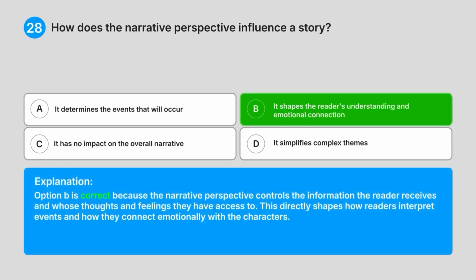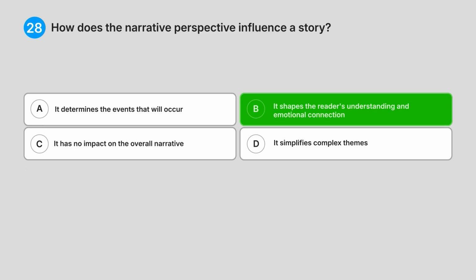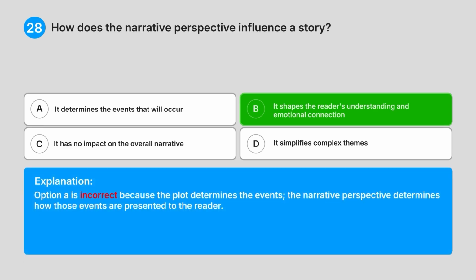Explanation. Option B is correct because the narrative perspective controls the information the reader receives and whose thoughts and feelings they have access to. This directly shapes how readers interpret events and how they connect emotionally with the characters. Option A is incorrect because the plot determines the events. The narrative perspective determines how those events are presented to the reader.